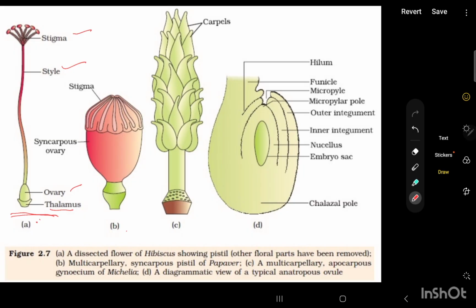Next, this is an example of a syncarpous pistil of papaver and a multicarpellary, that is apocarpous, gynoecium in Michelia. And this is a diagram shown in NCERT of the ovule. This we will see in the coming session.